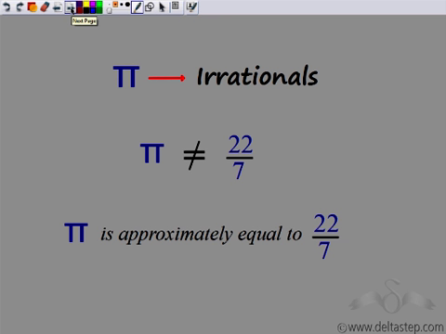For our convenience and ease, we use that pi is equal to 22 by 7 because it is approximately equal to 22 by 7. That is, if I try to represent this number as a fraction, it is very close to 22 by 7. Hence, for our own ease, we take pi to be equal to 22 by 7, but that is not true. That is just for our own ease.